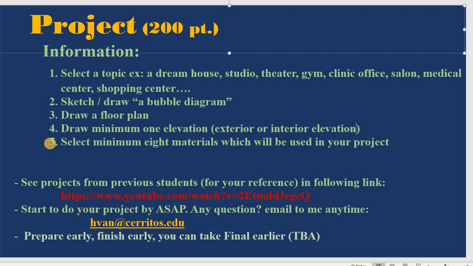And the last one, you select a minimum, I think I need to reduce this one, 5 materials. Of course, different materials. Which ones will be used in your project?